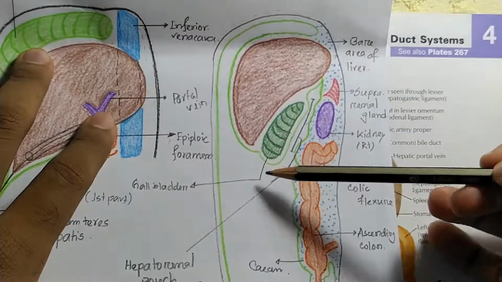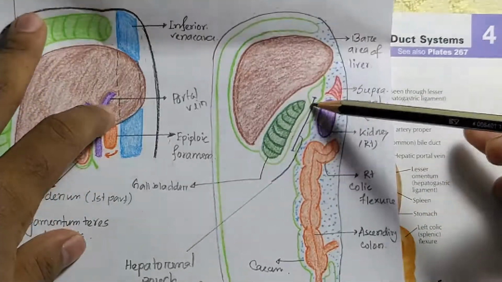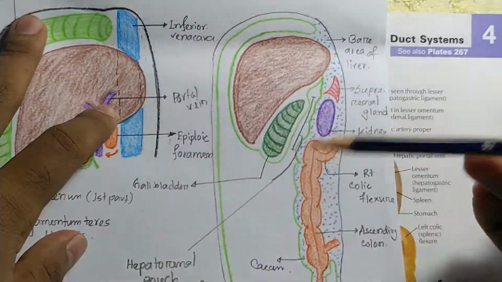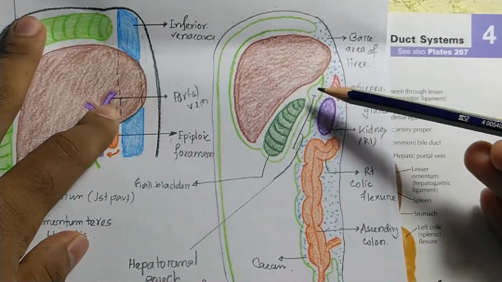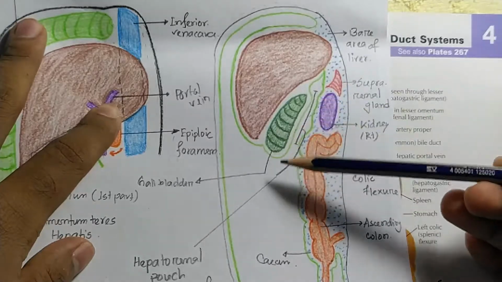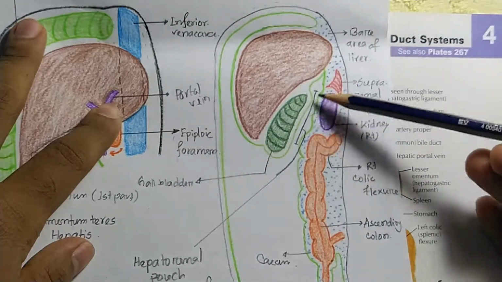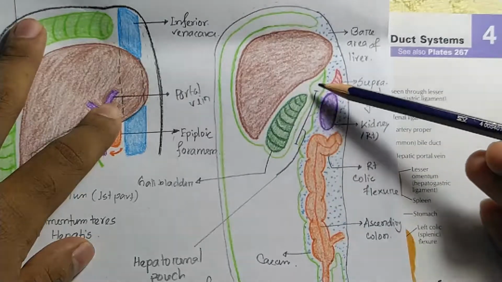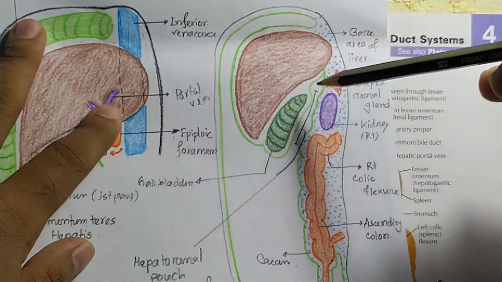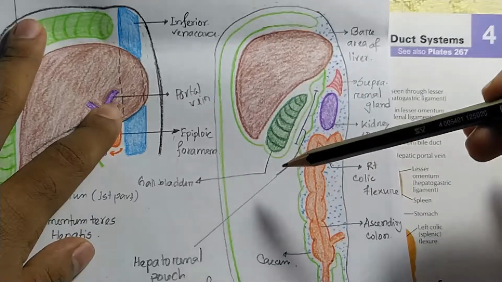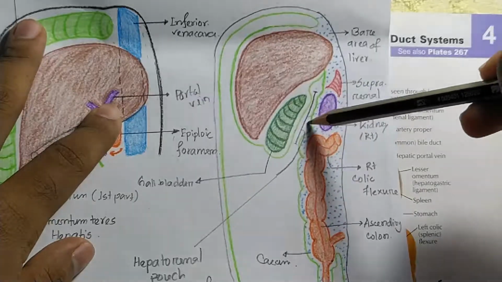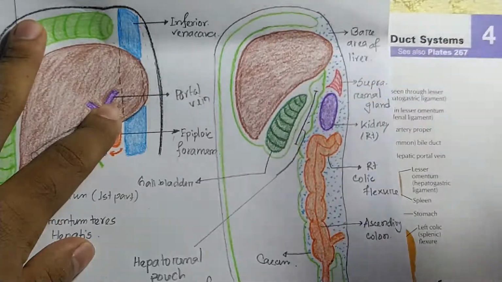A surgeon will place a drain here for good drainage, or to make the peritoneum clean, because every fluid will collect in the hepatorenal pouch. So surgeons usually place a drain in the hepatorenal pouch.